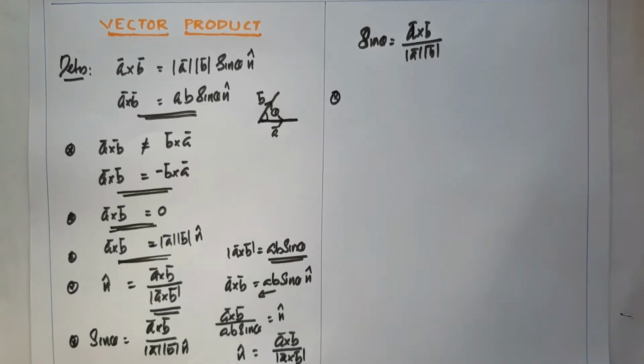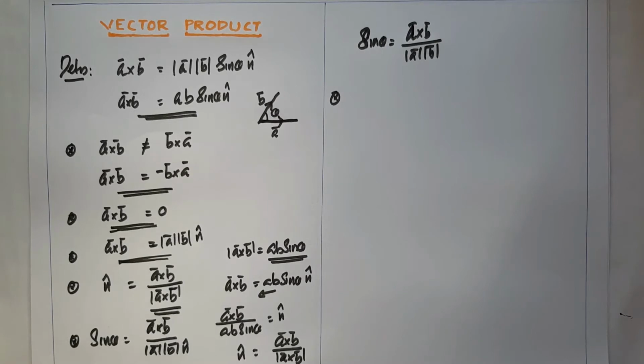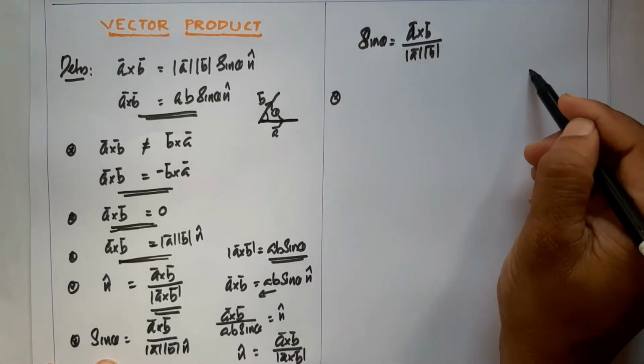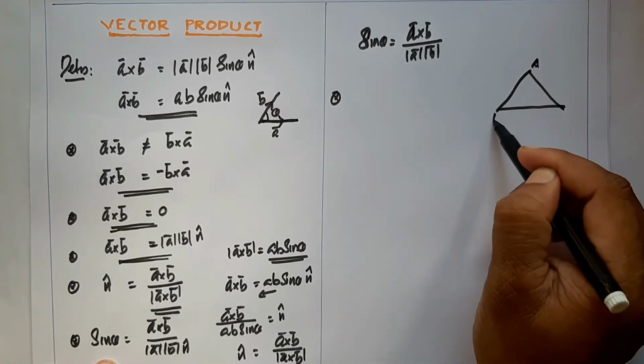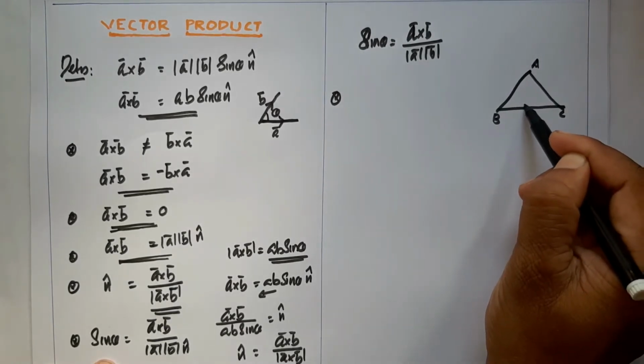Now we define area. A triangle, suppose ABC are the vertices.